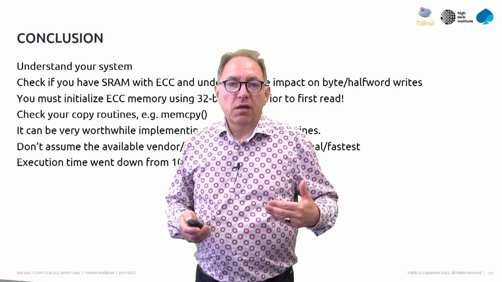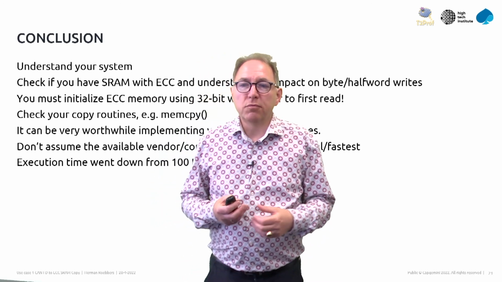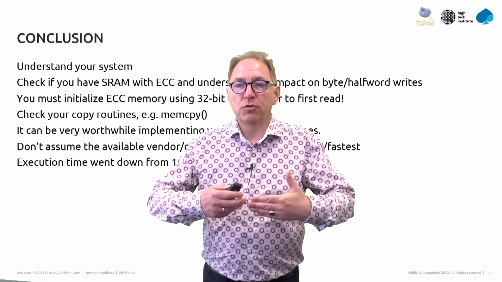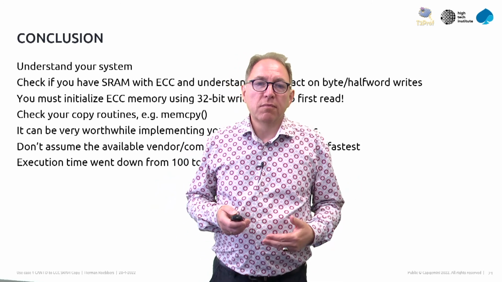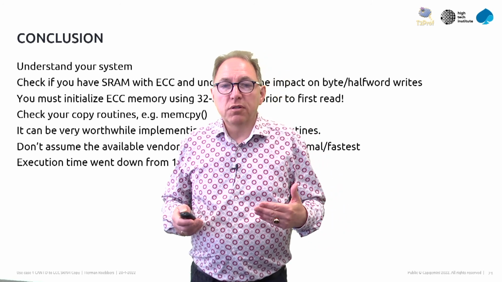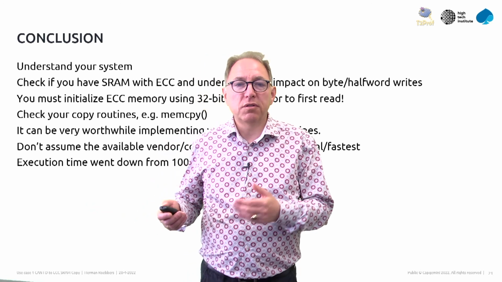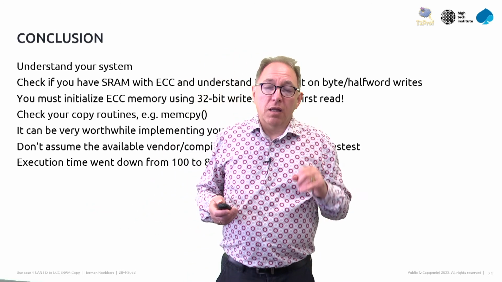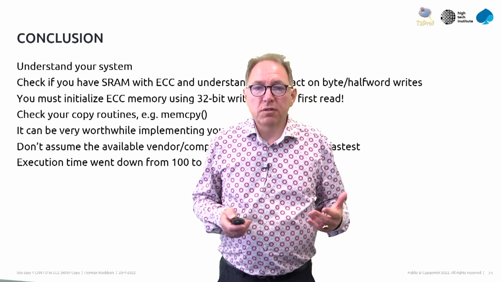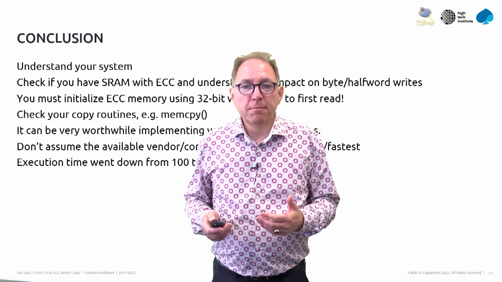Check how efficient your copy routines are, so that you can use the most optimal copy routine and reduce your execution time. So it may be that you have to write your own copy routines, which is something you would need to do with GCC. And certainly do not assume that the available compiler libraries are optimal or fastest in any way.